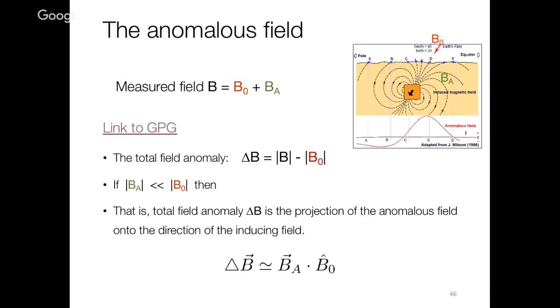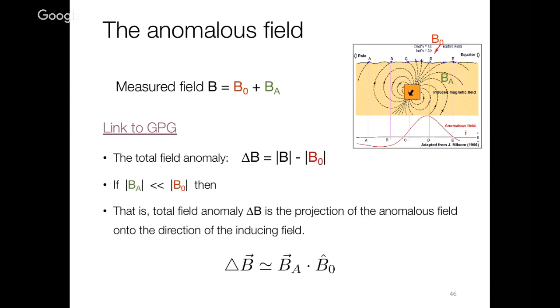And so long as this actually holds, so long as the anomalous field is much less than the Earth's field, then effectively this total field anomaly is the projection, that word, of the anomalous field onto the direction of the Earth's field. Okay, so that is the key.